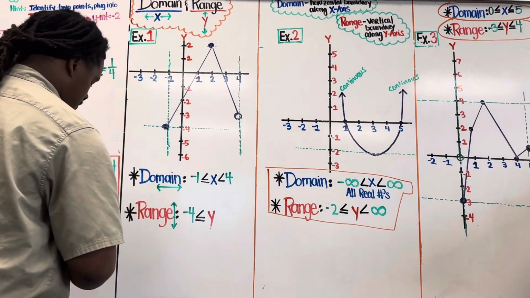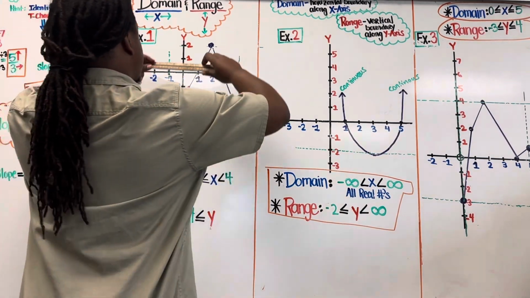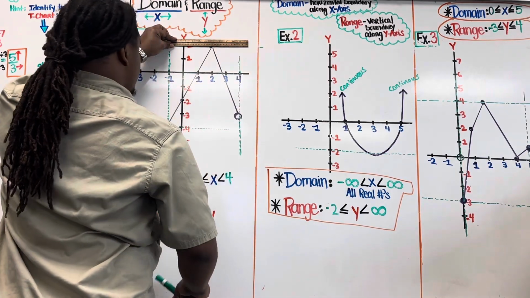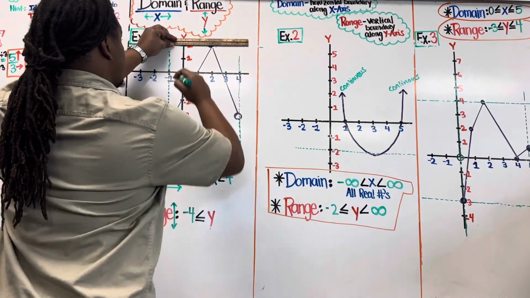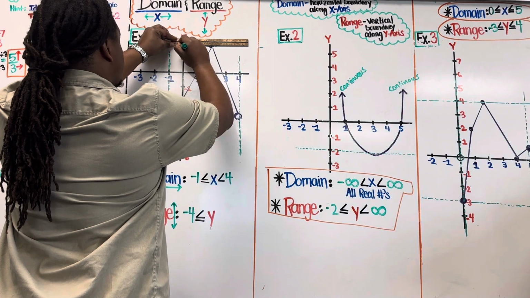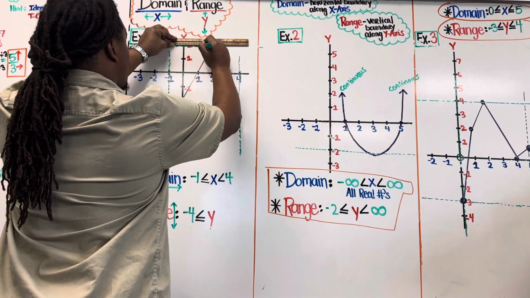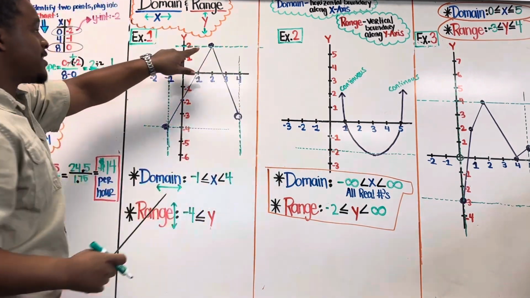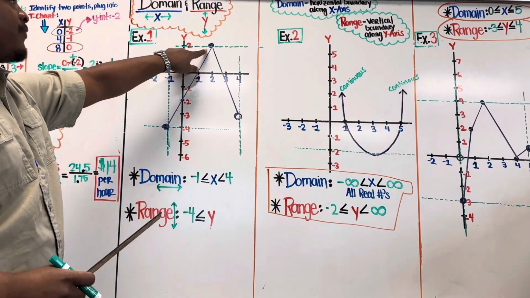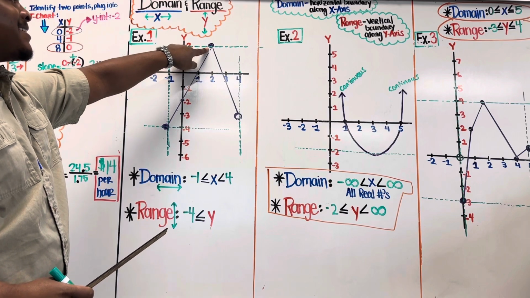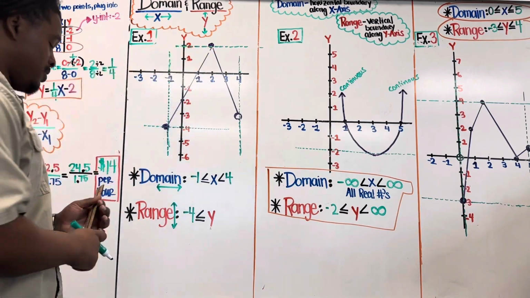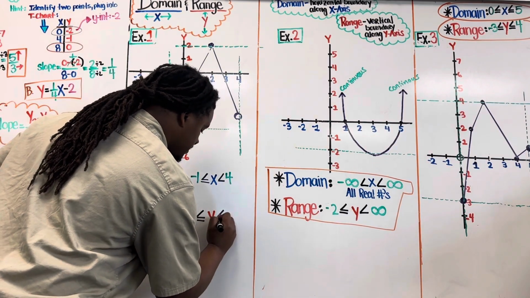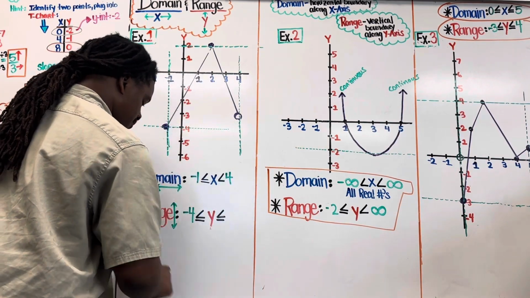Now we're going to find out what is the highest value that y could possibly be. What is the highest point of the function? The highest point looks like it's at y equals 2. If you notice, that particular dot is shaded, so it can actually equal 2. So what it's basically saying, guys, is y is less than or equal to 2.